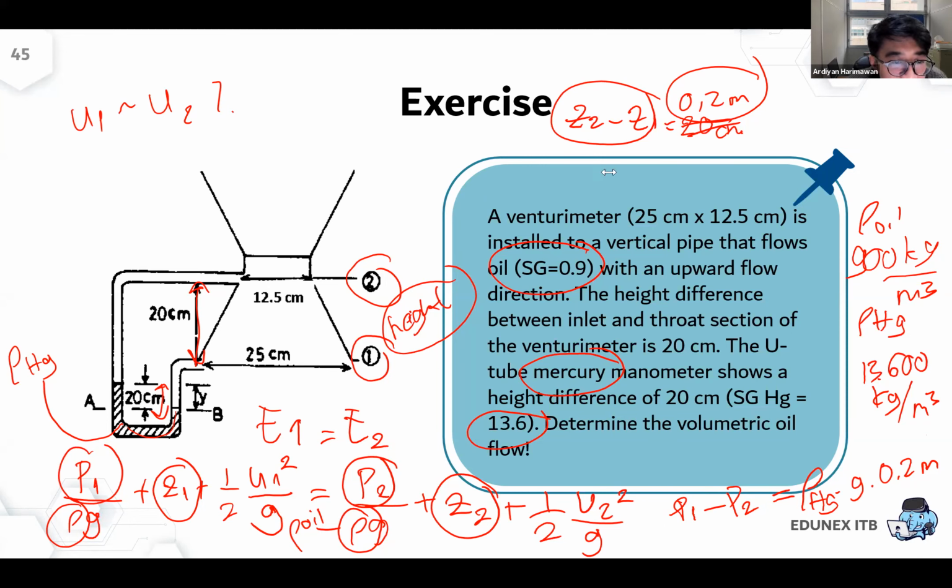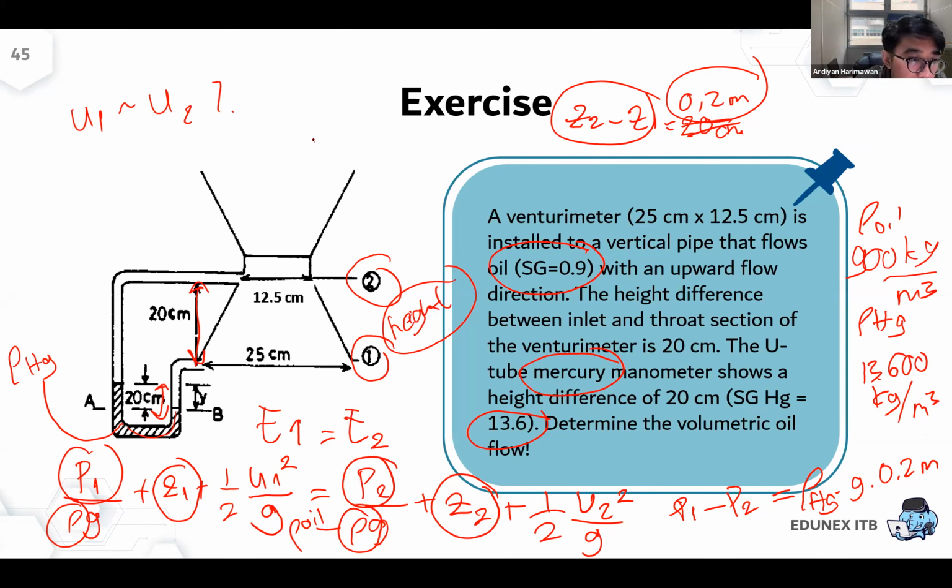Alika, are you there? Yes, sir. How to correlate the velocity at point 1? Basically, that is what you need to determine, right? You already have the value of delta Z, Z2 minus Z1. You already have the value of delta pressure, P1 minus P2. Then what you need to calculate is basically the volumetric oil flow. This is the Q.